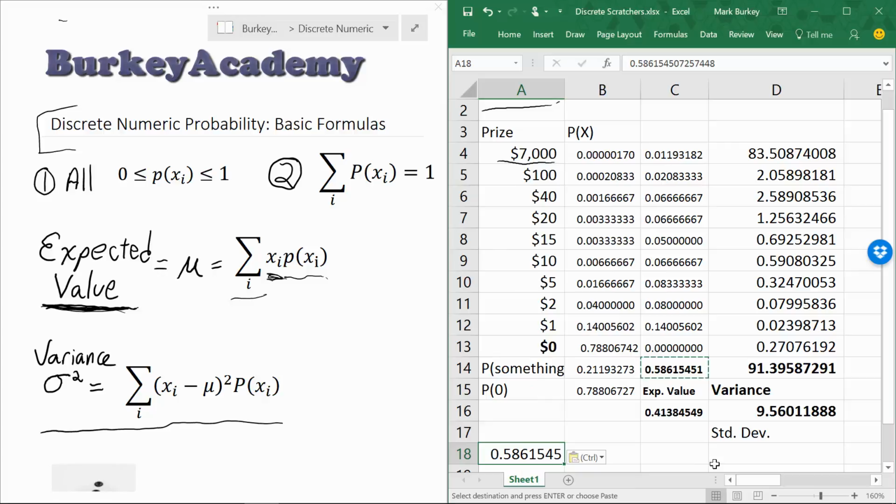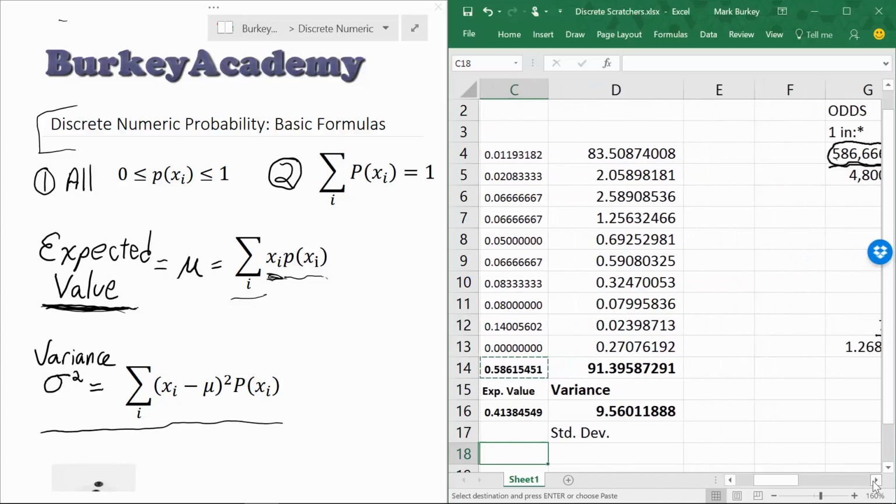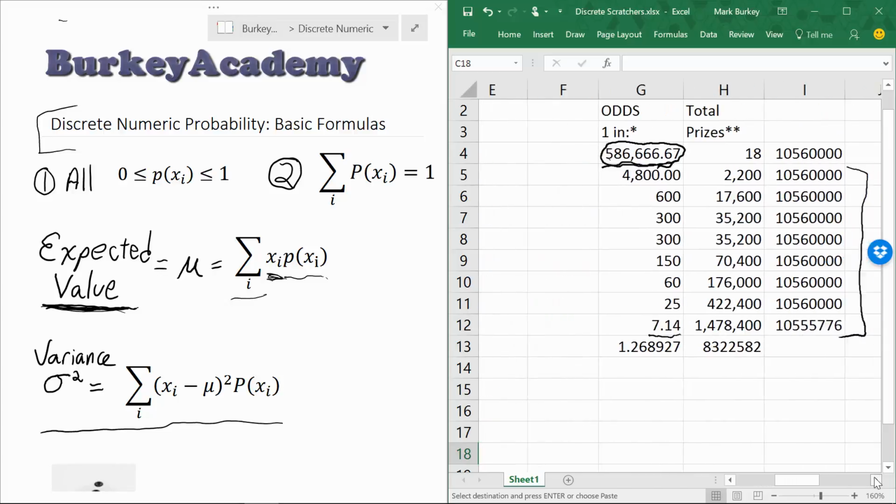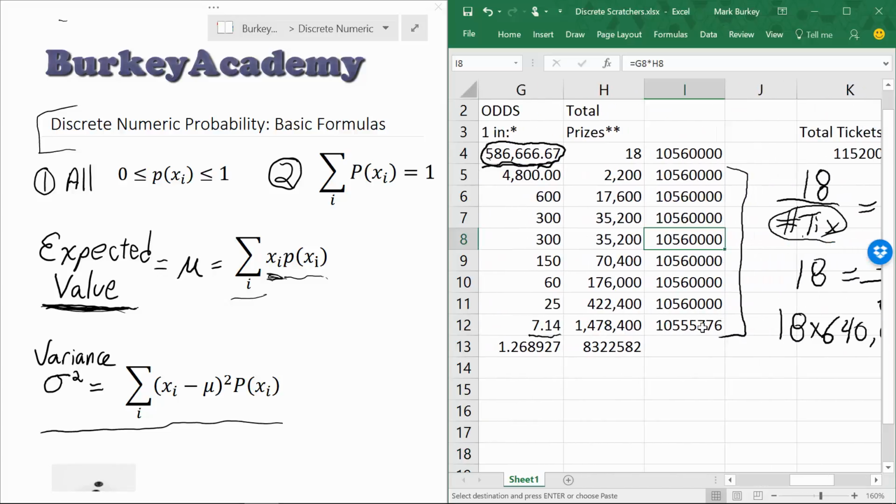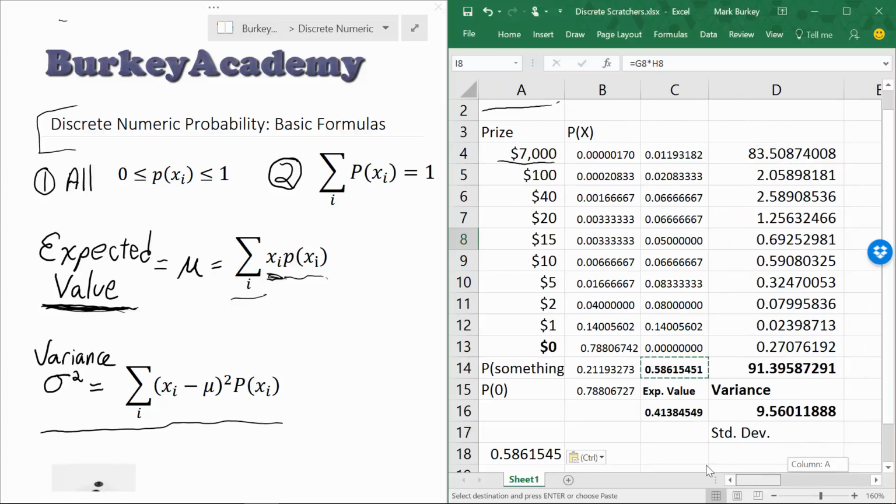That 0.586 is the long run expected value. So to be more precise, what if we bought every single one of these 10,560,000 tickets? Then on average, for every dollar that we spent buying these tickets, we would be getting about 58.6 cents back.